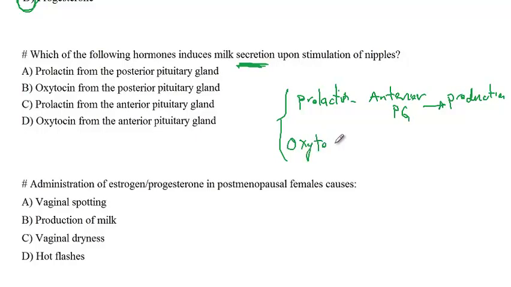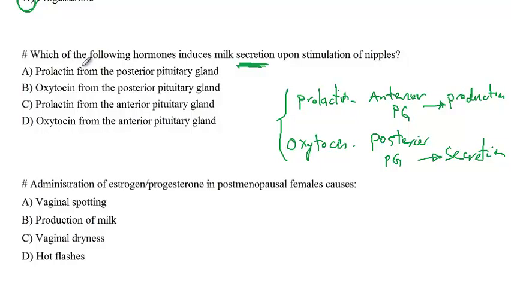While we have oxytocin, which is being secreted by the posterior pituitary gland. And of course, we do have an endocrinology lecture where we've discussed all the hormones that are being secreted by the anterior and posterior pituitary gland. But in any case, oxytocin is being secreted by the posterior pituitary gland in order to induce secretion of milk.